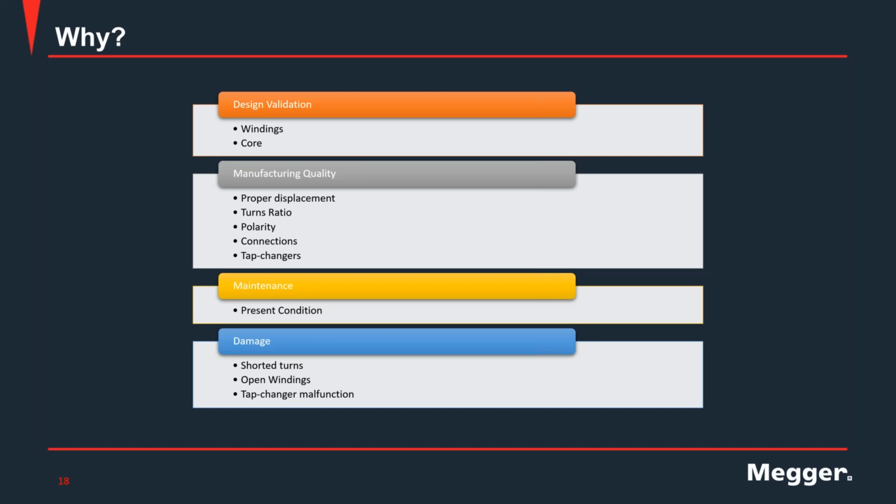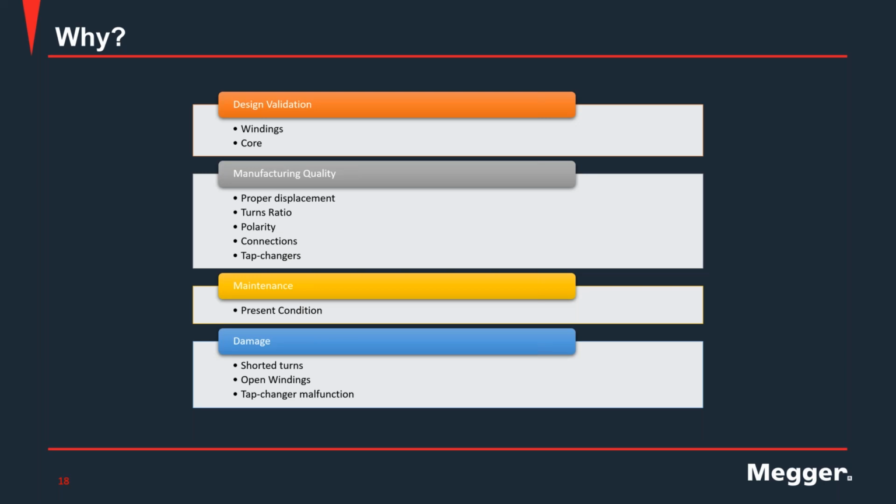And we also mentioned tap changers, right? Either a defective tap changer, incorrect assembly or connection, or just wear from the unit being in the field, or because of a fault. Any malfunction related to the tap changer is easily identifiable with a TTR measurement.